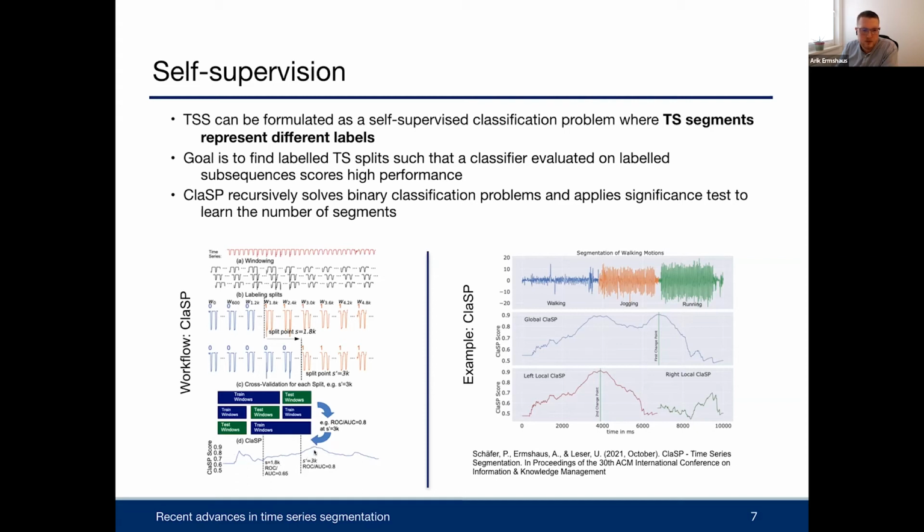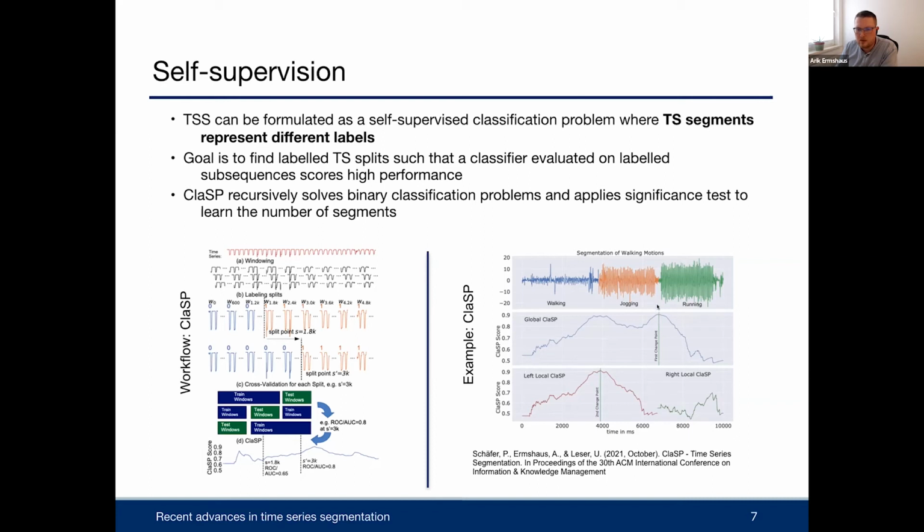If you go to this maximum, you have the highest classification score, which nicely correlates with the point in the time series where the first segment changed into another one. This is then computed as a profile. You see nicely here that these local maxima correspond with the activity changes in this example.